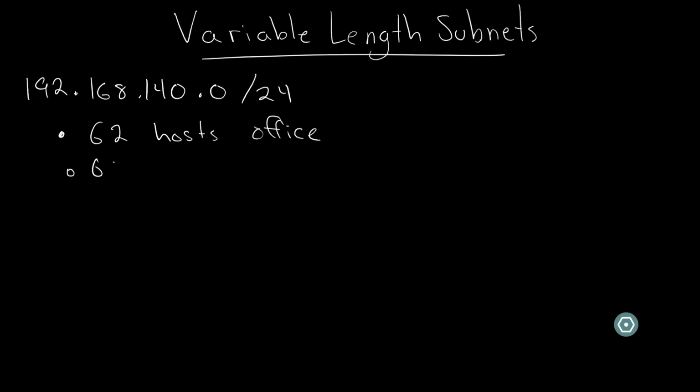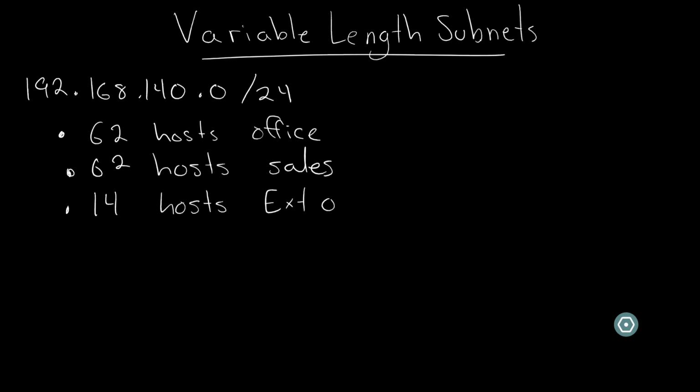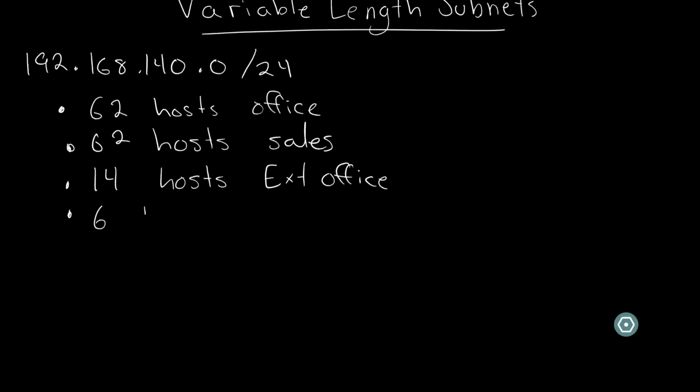We're going to have 62 hosts in our sales. So our sales department's going to have 62 devices. We are having an exterior office. So in our exterior office, we're going to have 14 hosts. And then we're also going to have an IT department. So our IT department is only going to require 6 hosts.